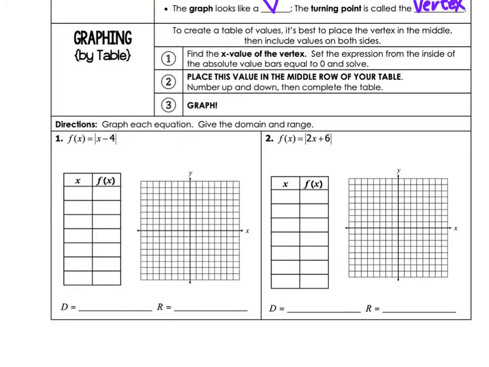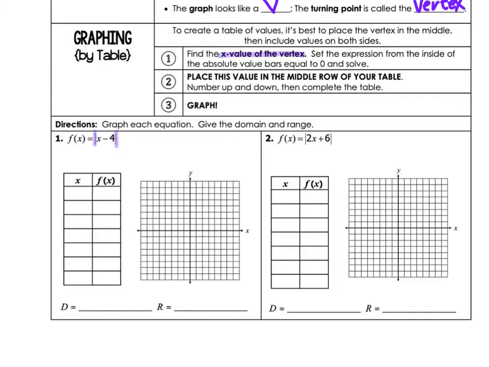Now let's go over how we can use a table in order to graph an absolute value function. The first goal is to find the x value of the vertex. How can you do it? It's simple. Whatever is inside of the absolute value symbol, the expression, you set that equal to 0.